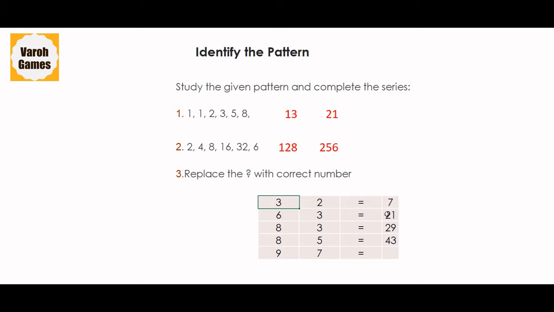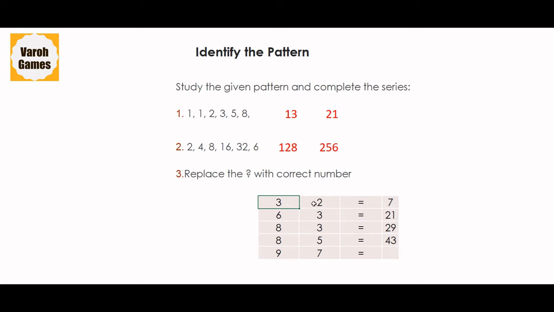But still 6 is not our answer. Then what could it be? 3 into 2 is 6, but our answer is 7. That is, the difference still is 1. 7 minus 6, 1. So we still have to find out that 1. Where do we have it here? 3 minus 2 is 1. Yes, so that could be a possibility.